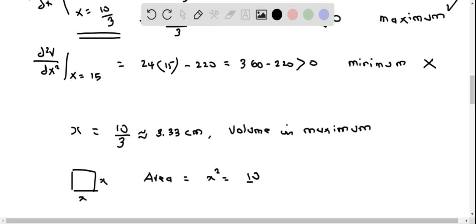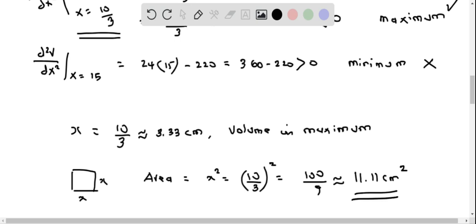So this is equivalent to 10 by 3 quantity squared, which is equivalent to 100 by 9, and this is approximately 11.11 centimeters squared. So this is the area of the square which has to be cut so that when we make a box, the volume of the box is going to be maximum.